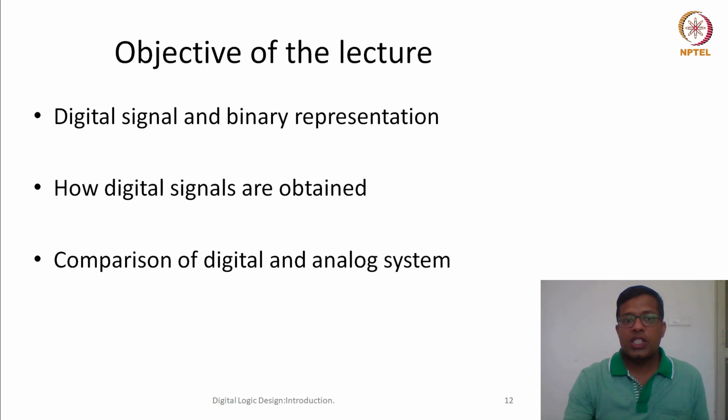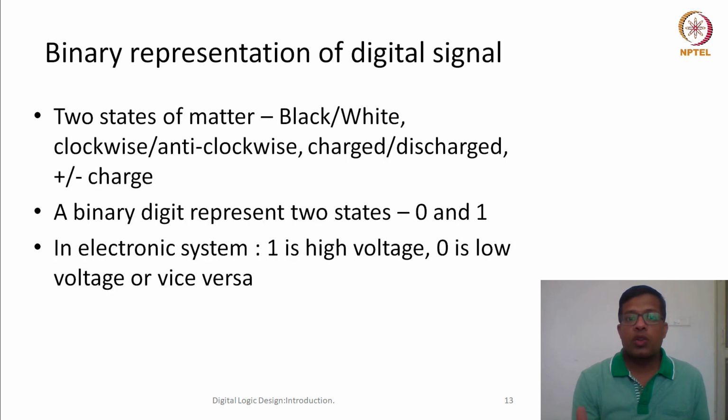First, what we observe around the world is that almost all matter has at least two states. For example, all colors can be classified into black and white, although there could be various shades of gray, black and white is one broad classification.